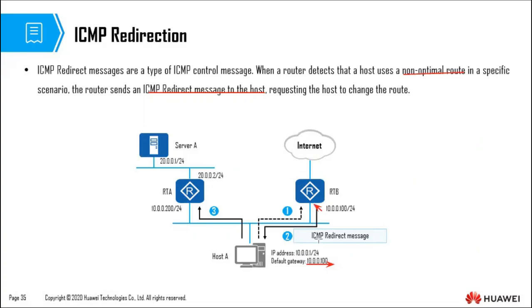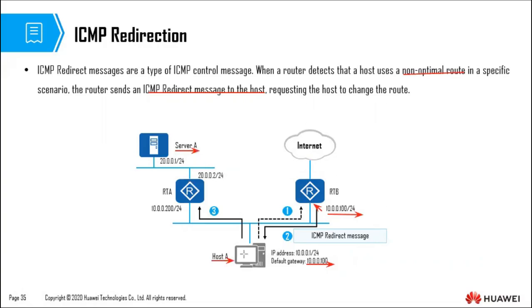For example, this one we've configured with 10.0.0.100/24, which is the address of this interface. In this example, this is host A, and this host wants to send a packet to server A.